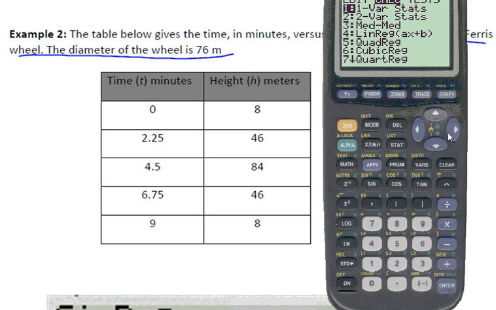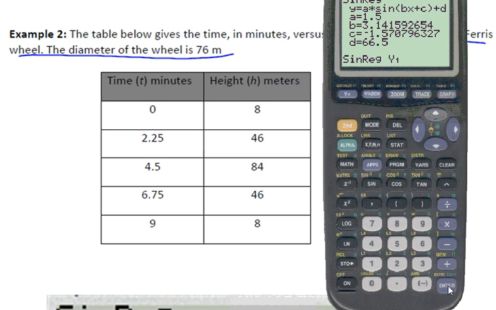Okay, so stat calc, sinusoidal regression, vars, y-vars, enter, enter. This is very repetitive by now, right? Hopefully. It's just kind of a pain when there's a lot to enter. All right, so there's our equation, and there are some more questions with this one.